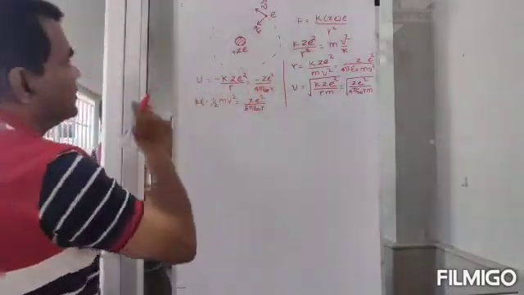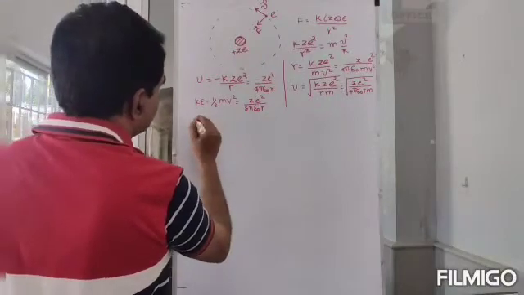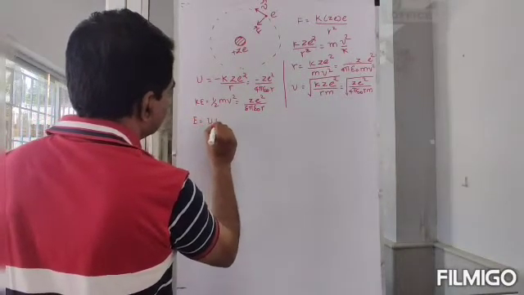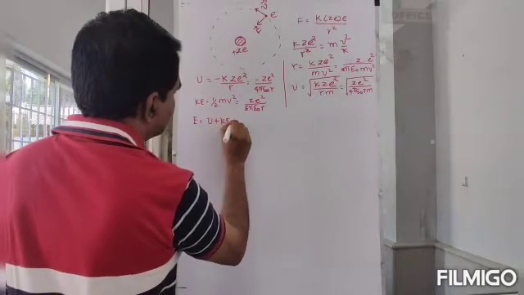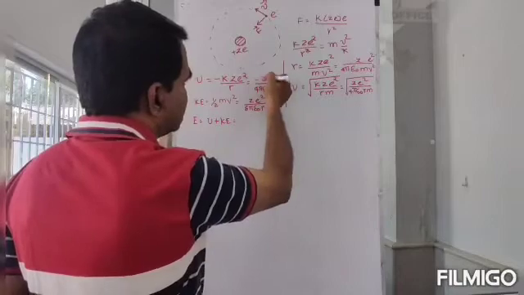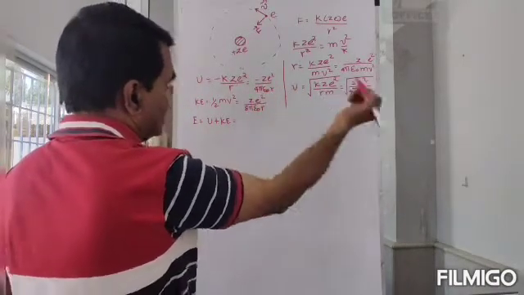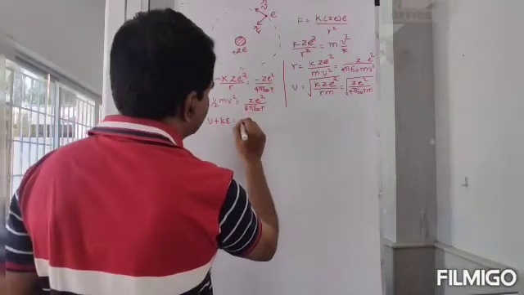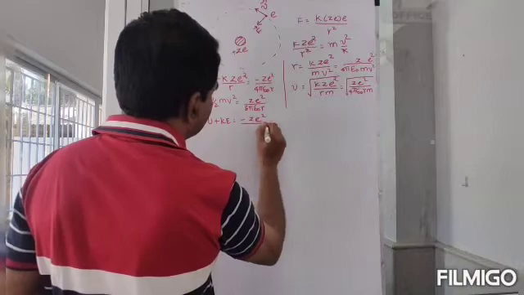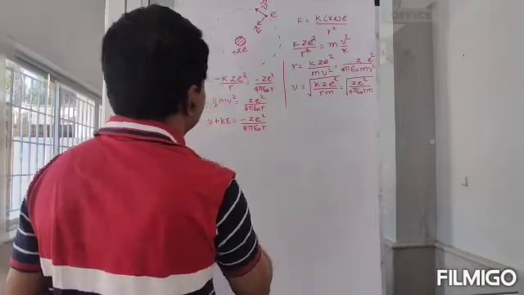So this is U, this is KE, and total energy E is equal to U plus KE. So that would be equal to, if I add these, minus z e square by 4 pi epsilon naught r, plus z e square by 8 pi epsilon naught r. When I add them, I will be left with minus z e square by 8 pi epsilon naught r.